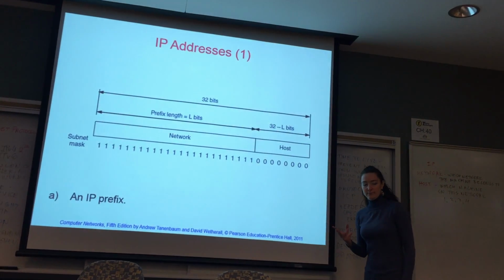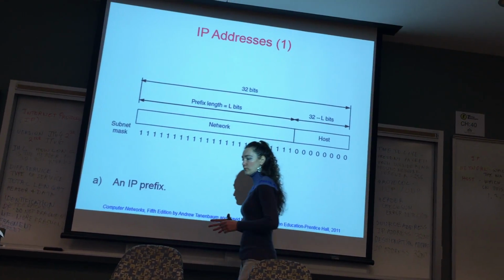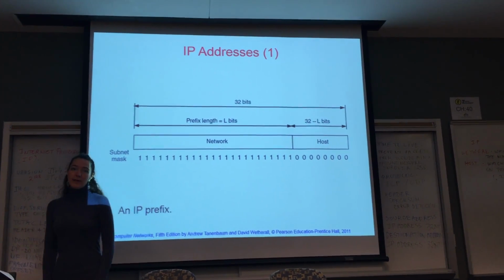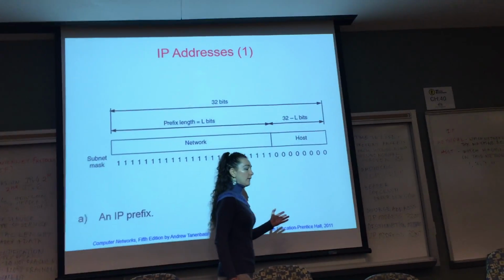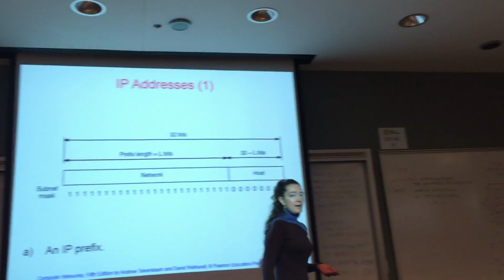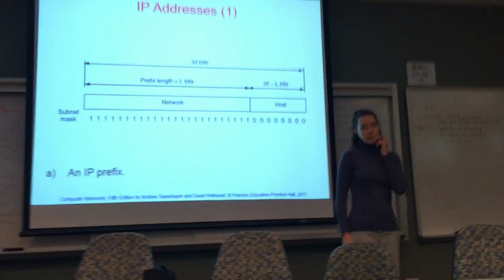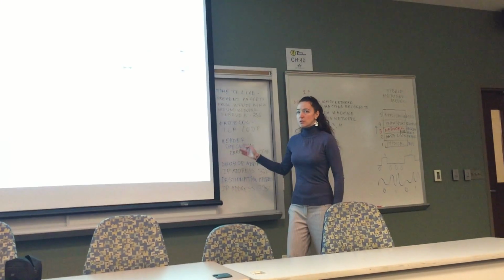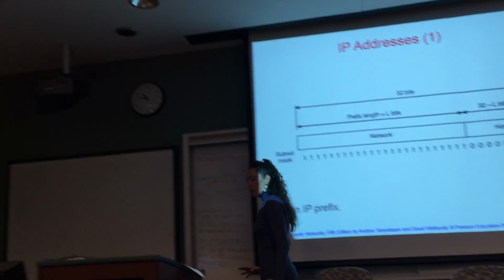That differentiates them. This first part is the same, but the city is different, the zip code is different. Otherwise, if we have one house here and one house in another city, and they have the same address, how will the post office know where to deliver the package? We can't do that. So, same situation here. Each machine has a different unique IP address, and that is controlled on a government level.